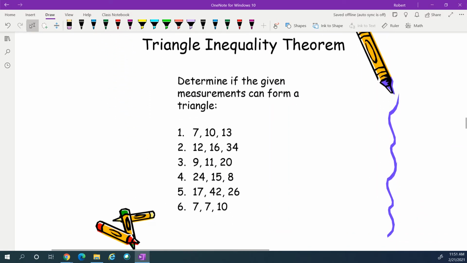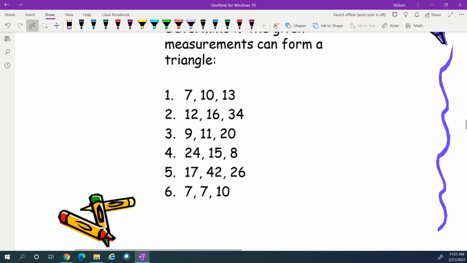So let's test a few questions to see if they can form a triangle. 7 plus 10, is that greater than 13? Well, 17 is greater than 13. That's true. That's yes.